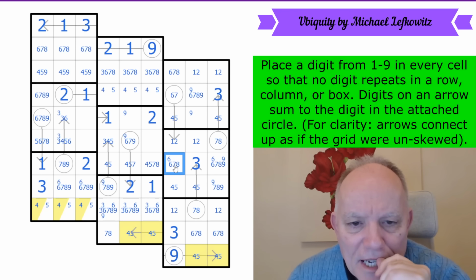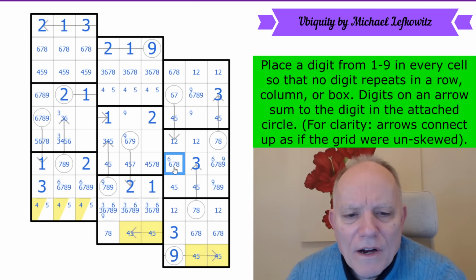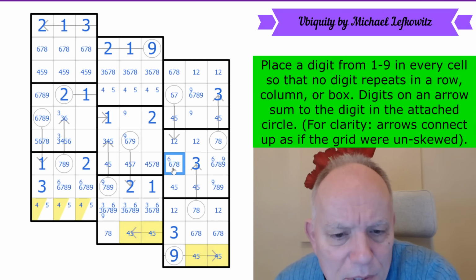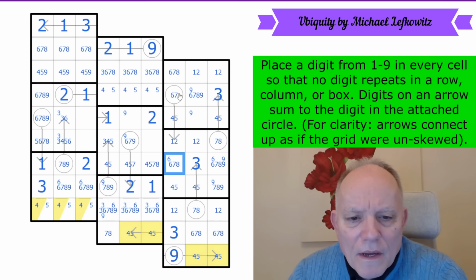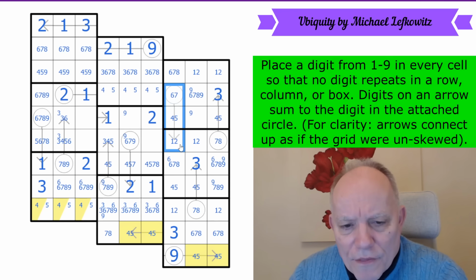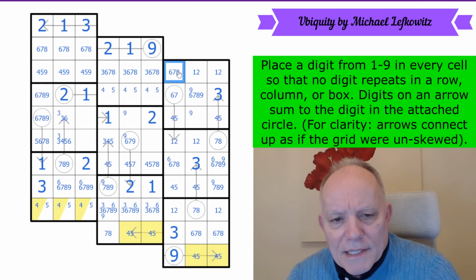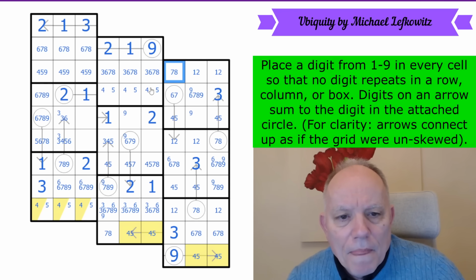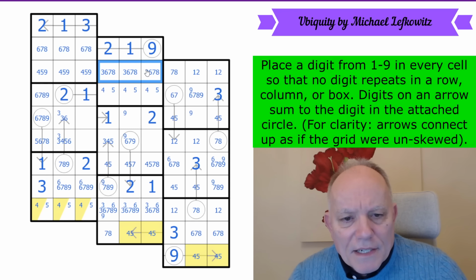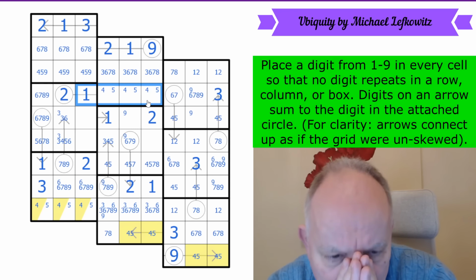That would put 6 here. Oh, I don't know. That seems possible. Okay, either that happens if this is a 7, 5, 2 circle, or 6 is there. 6 can never be here at the top. So now these definitely contain 3 and 6. These are being selected from 4, 5, 7, 8 now.